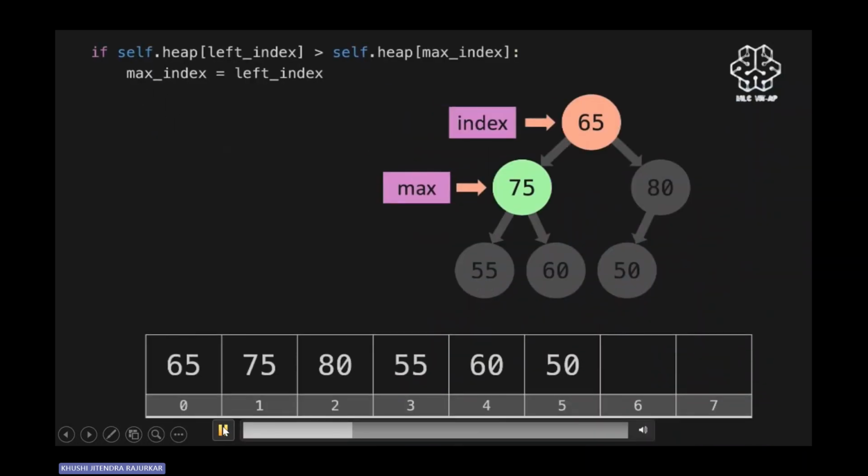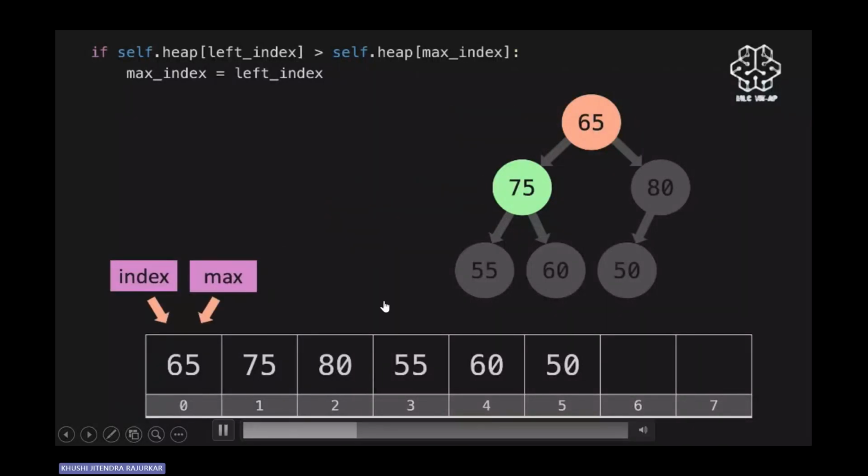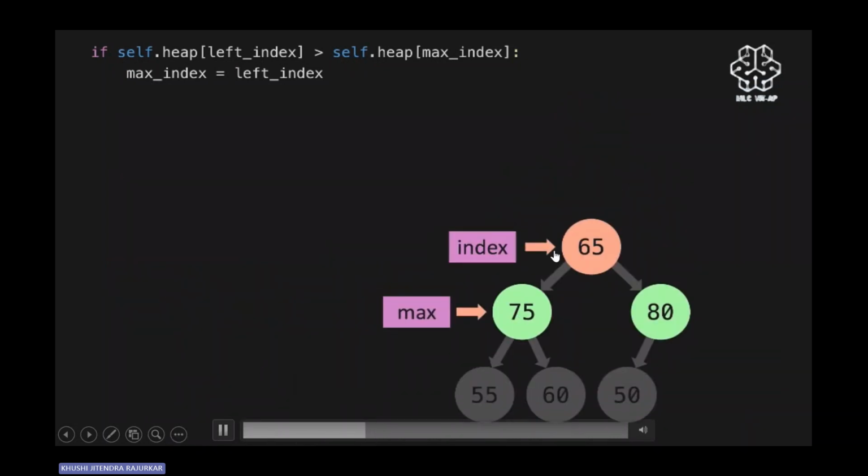So we shall be carrying out a simple code line on it, which is we shall simply declare max index to be equal to the left index. So in our case, we have firstly done that. And again, we have another code line, which is essentially the same operation, just on the right index. We shall be running the same code lines for our right index as well.